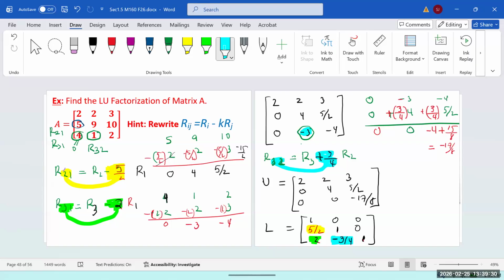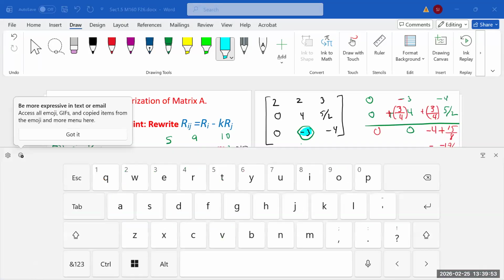So whoever tried, did you guys get the same matrix, same 2 matrices, or do I have something different than yours? If all of you have the same matrix, that means we are correct. But if you don't, then I have to verify. Same.